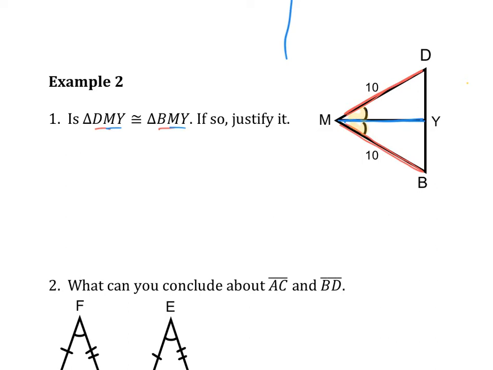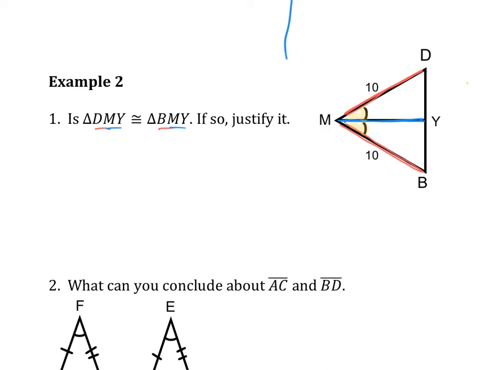But we don't know if those are actually congruent, because they're not marked. The reason we know the red lines are congruent is because they're both 10. And the reason we know the blue line is the same in both is because of the reflexive property. MY and MY are the same line.